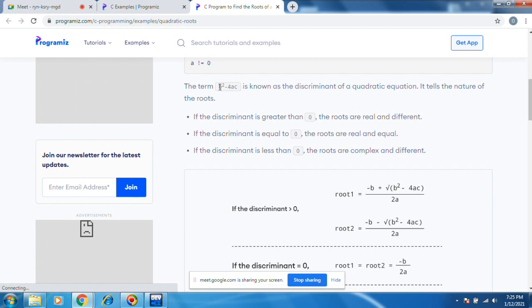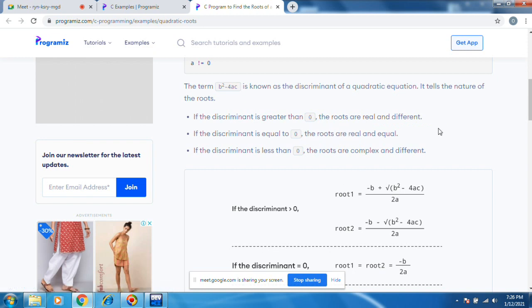If the discriminant b square minus 4ac is greater than 0, the roots are real and different. If b square minus 4ac is equal to 0, there is only one root, so root 1 and root 2 are equal.